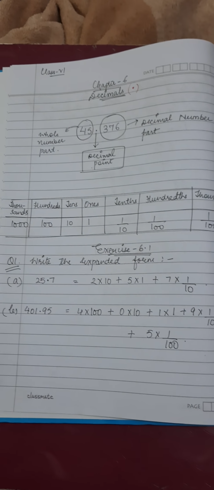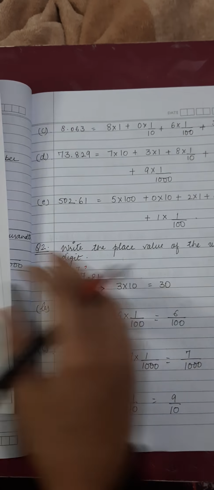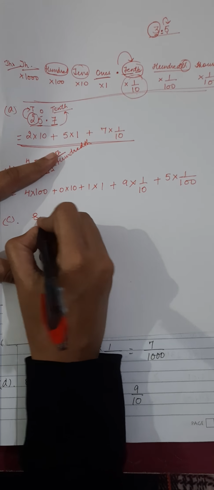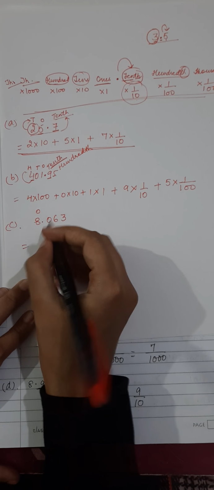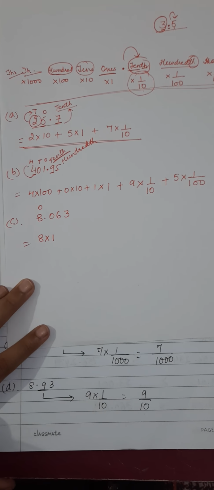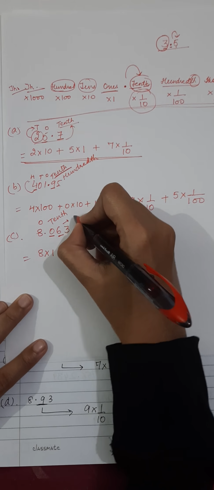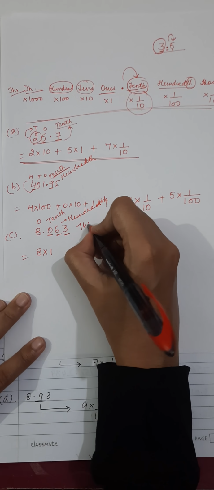Now let's do C part. You can see A and B part. C part is 8.063. Now 8 is at the ones place, so 8 will be multiplied with 1. 0 is at the 10th place, 6 is at the 100th place, 3 is at the 1000th place.